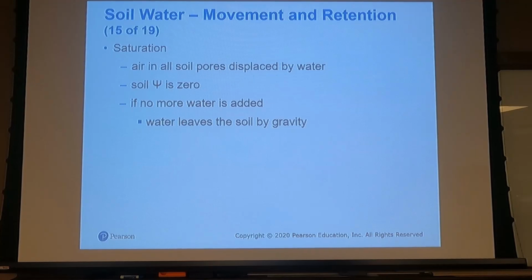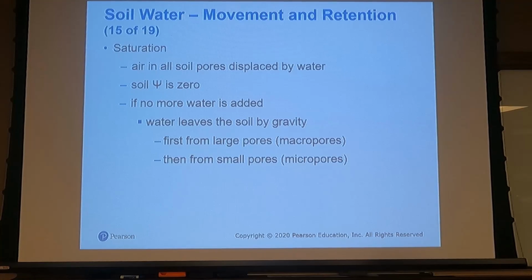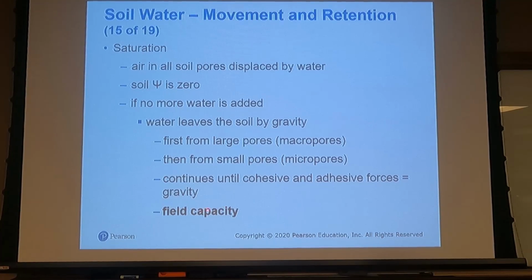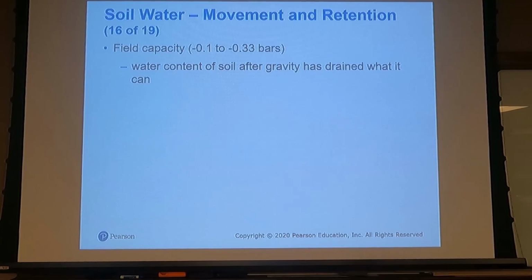So our psi at saturation is going to be 0. And once that rain stops and the water is moving through the soil profile, it'll first move from the large pores and then from the small pores until we finally reach field capacity.